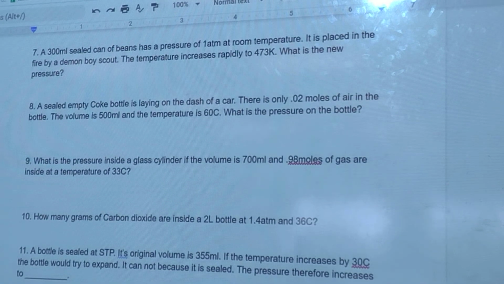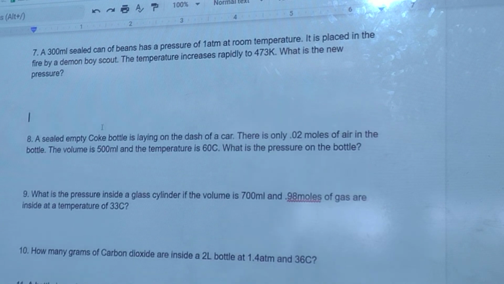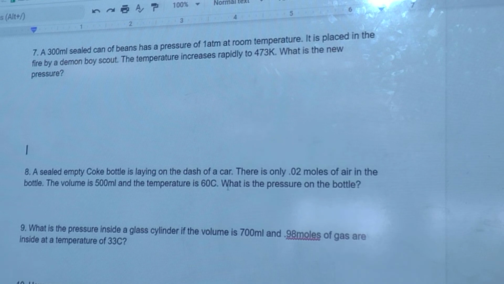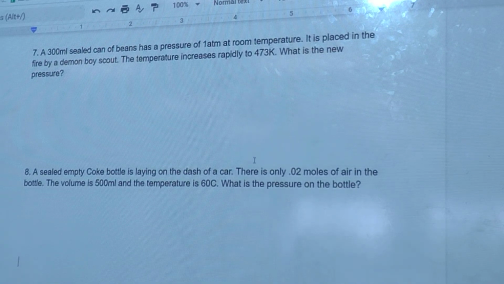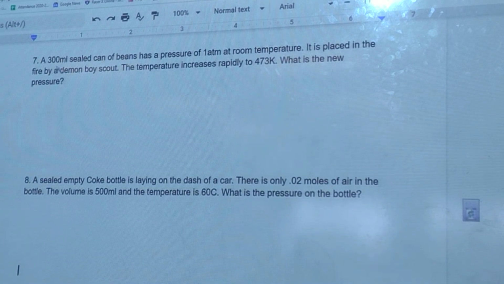Now, for these problems, we're doing either Avogadro's or the ideal gas law. Let's take a look at this first one. 300 milliliters, 1 atmosphere. The temperature changes, what is the new pressure? So let's see.